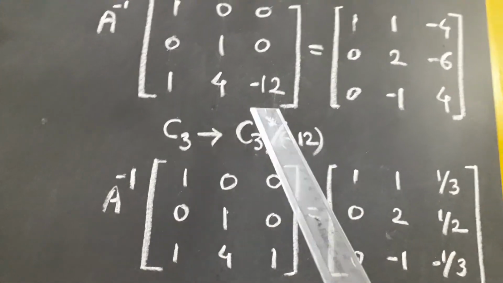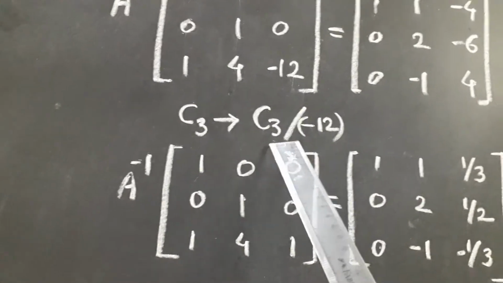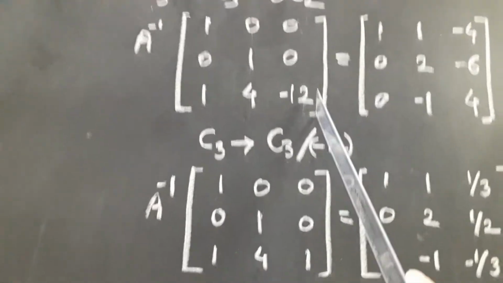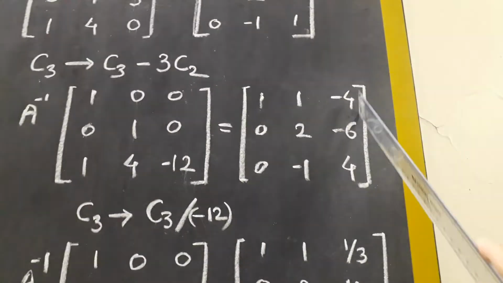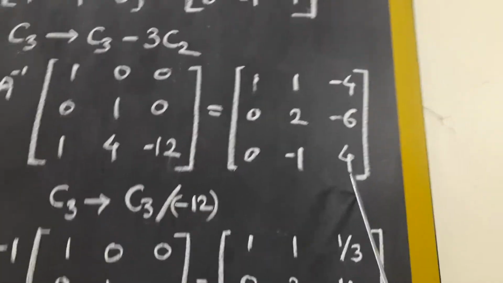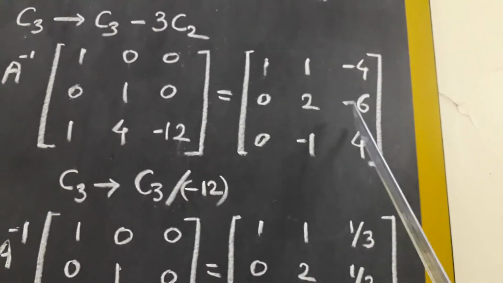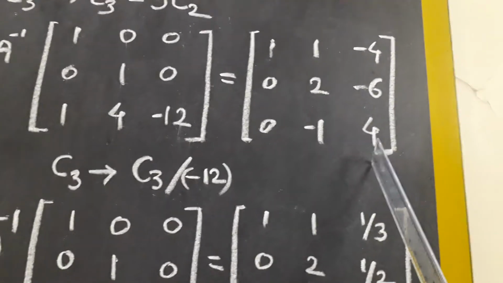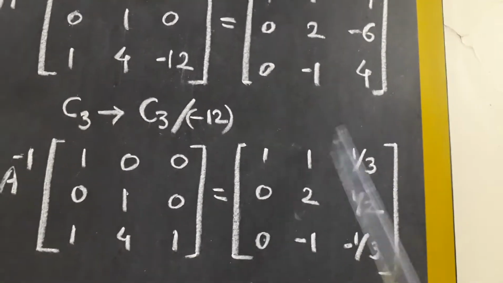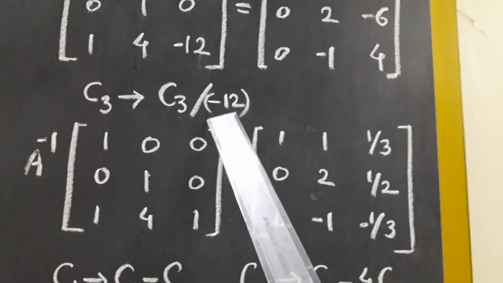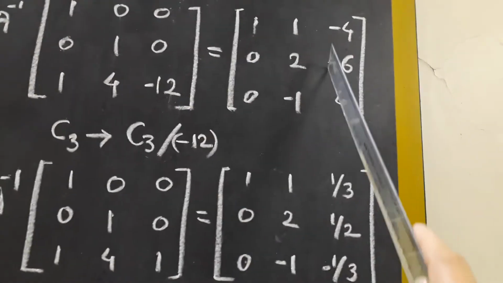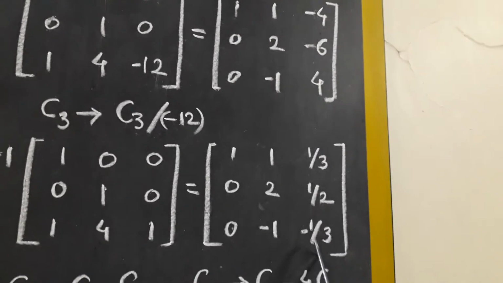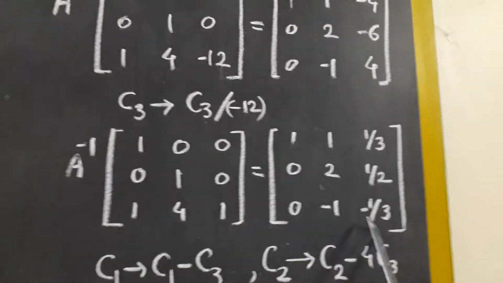So now we are going to divide by minus 12, so automatically 0, 0 and 1 it will become, but on this side the numbers which we are going to get are not integers, they become fractions. So see that we are dividing the third row by minus 12, and we are getting these numbers in the next step.